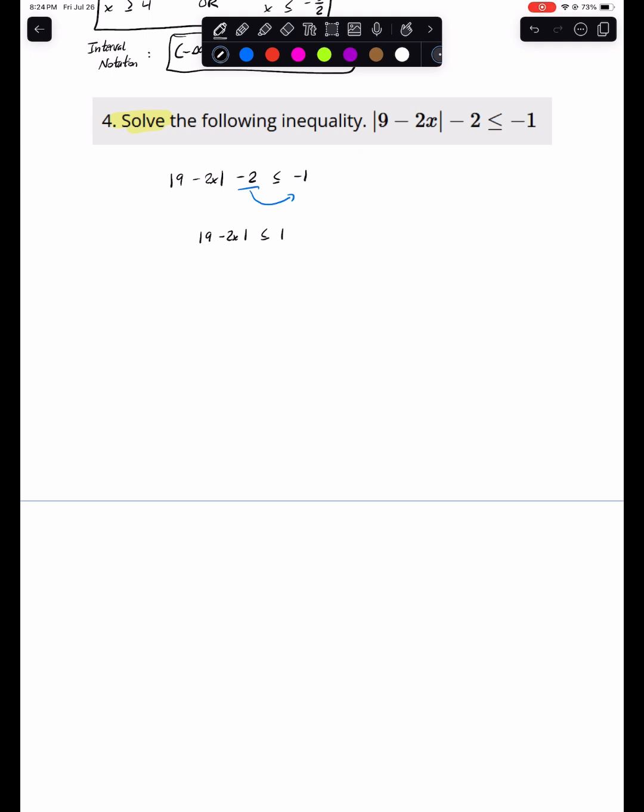Okay. And now with a plus minus, right, we're going to split this into 9 minus 2x less than or equal to 1. So this is a plus, and we will have negative 9 minus 2x less than or equal to positive 1, sorry.